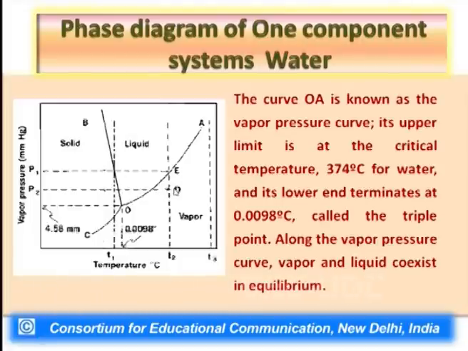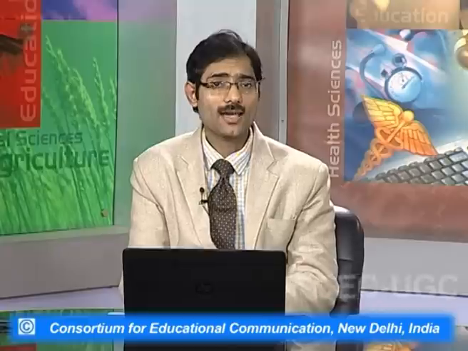To understand what this critical temperature means and why it is the limit of the OA curve, consider liquid water at 25 degrees Celsius, confined in a closed container or closed system.